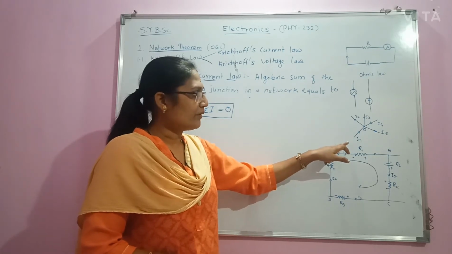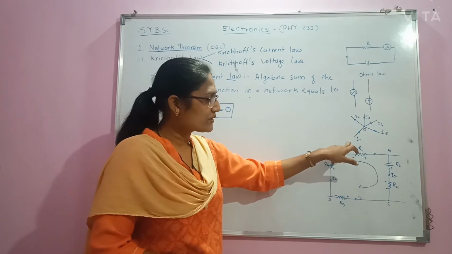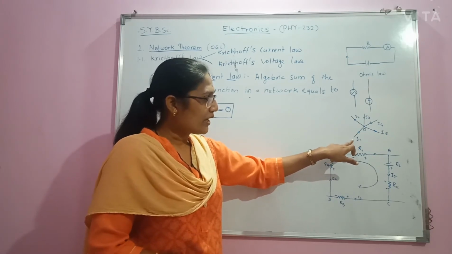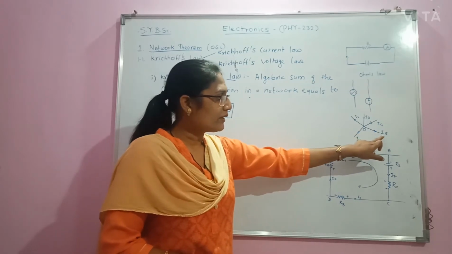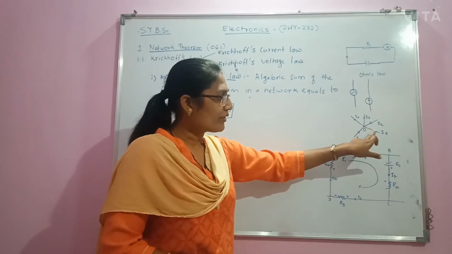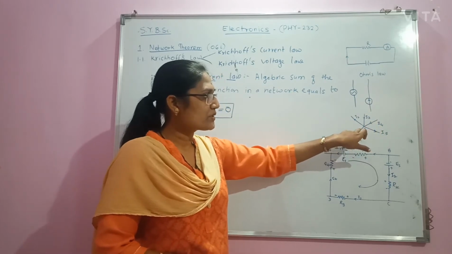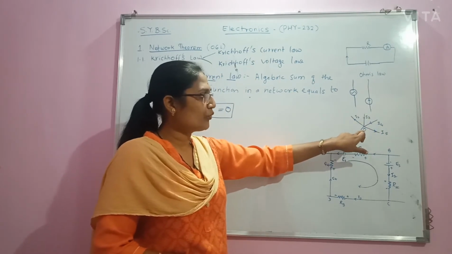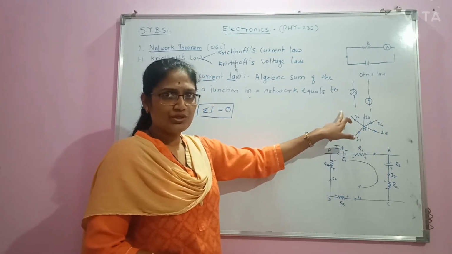For example, after watching this circuit diagram, you will see the current I1 is moving towards the O. Then current I5 is moving away from the O. Then current I4 is moving towards the junction. I3 is also moving towards the junction, but I2 is moving away from the junction.